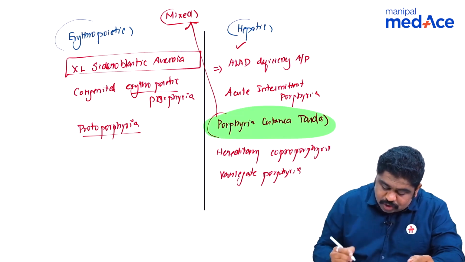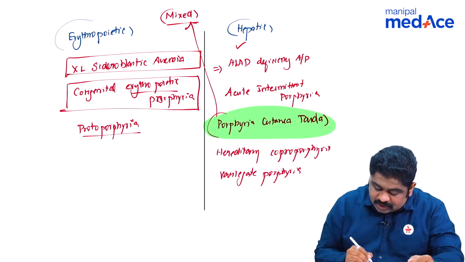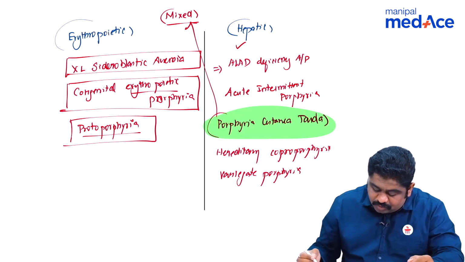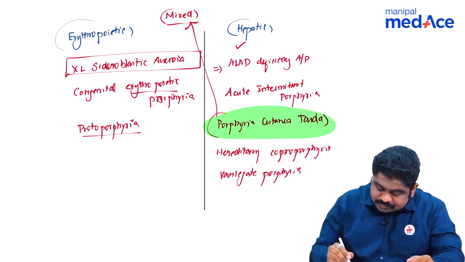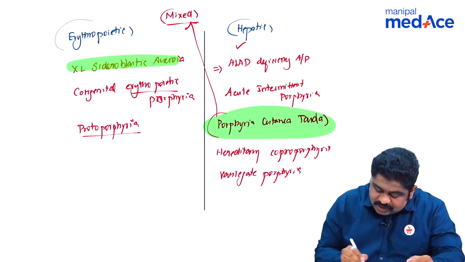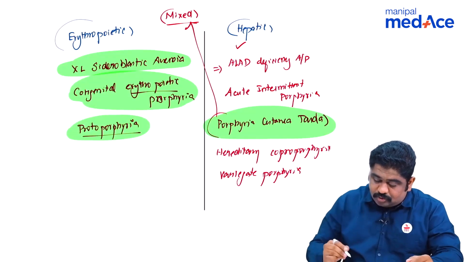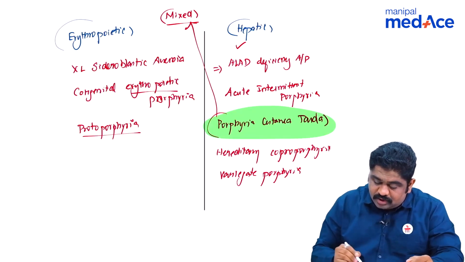So look at this, your X-linked sideroblastic anemia is erythropoietic, congenital erythropoietic porphyria is erythropoietic, protoporphyria is erythropoietic. Now we'll use a different color to handle them.